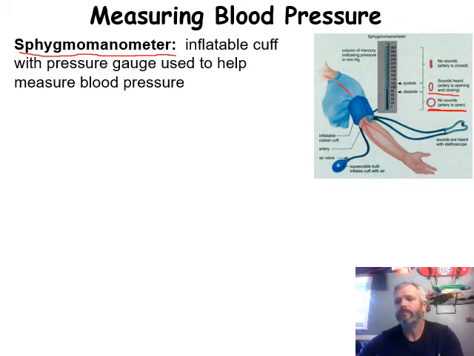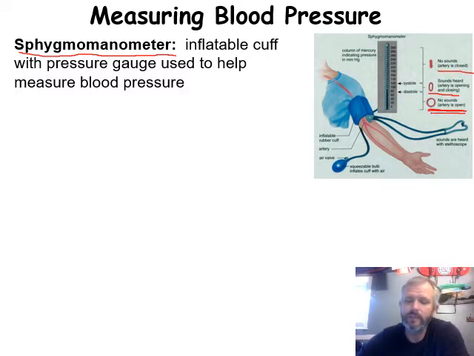Okay. As you continue to pump up the pressure cuff, at a certain point above systolic, when you pass systolic blood pressure, you're going to have the artery completely closed, and there's no blood running through, there's no sounds being made. Okay, so completely closed, there's no sounds. Completely open, no sounds.